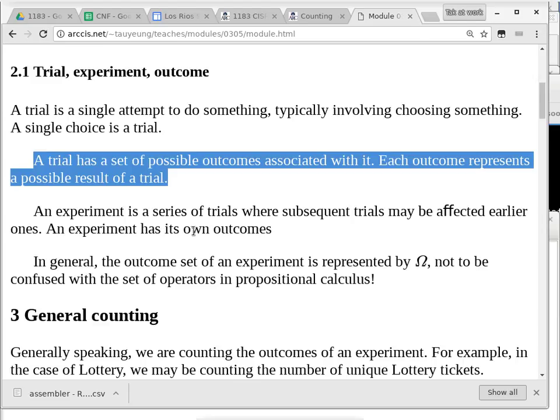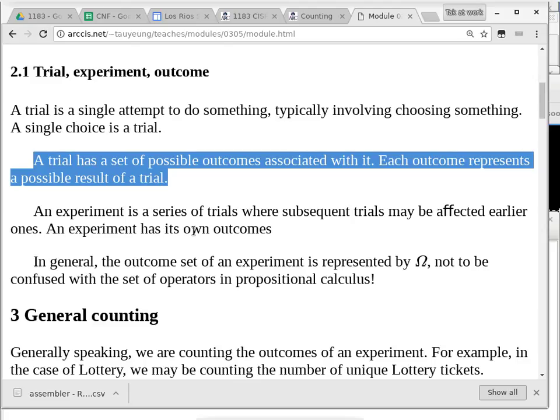Flipping the coin a second time is a second trial in the same experiment, and it also has its own possible outcomes, head or tail. So when you look at the entire experiment, which consists of flipping a coin twice, then you have four possible outcomes: head head, head tail, tail head, and tail tail, as the four possible outcomes of the entire experiment.